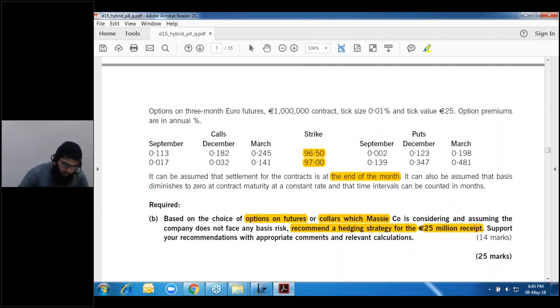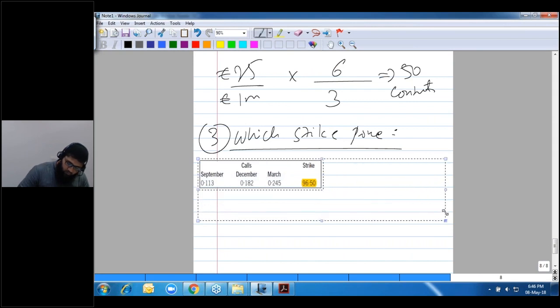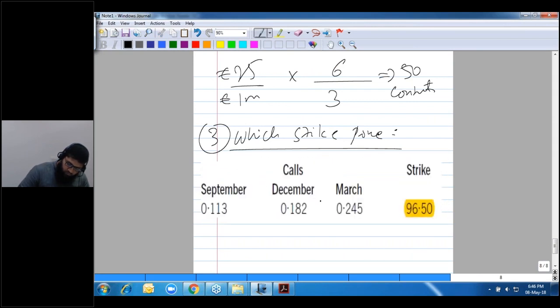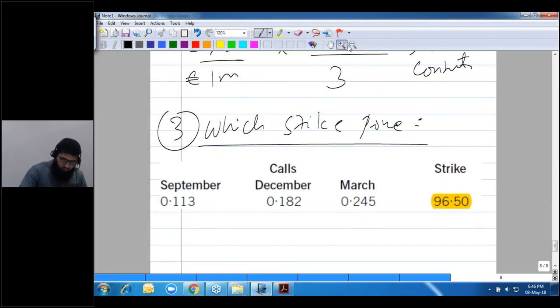Assume that there is a strike price of 96.5.